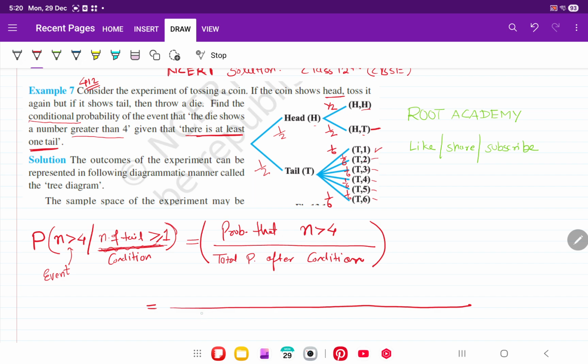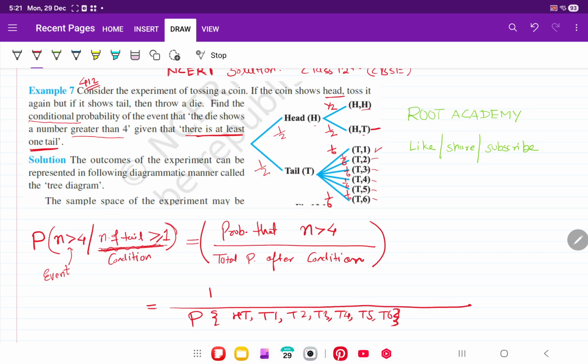They are saying we can have probability for head-tail, or tail 1, tail 2, tail 3, tail 4, tail 5 or tail 6.